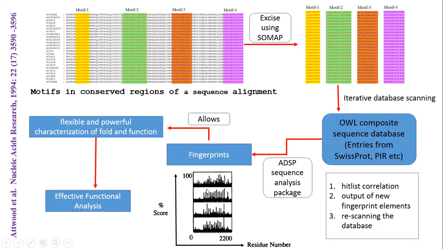You might end up getting distantly related motifs together, and it is entirely possible that you might miss those proteins if you only rely on sequences as such. Okay, so this is the basic concept behind fingerprints.